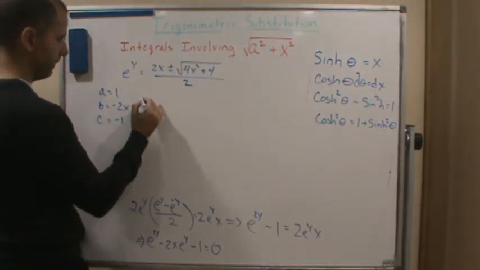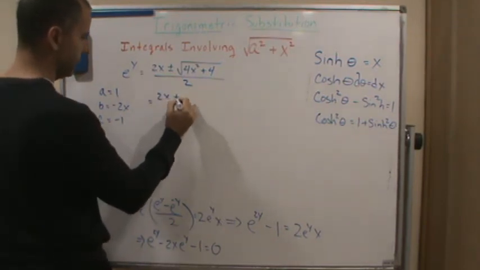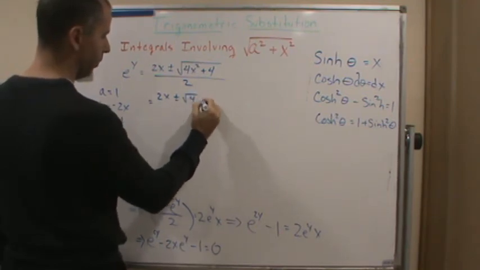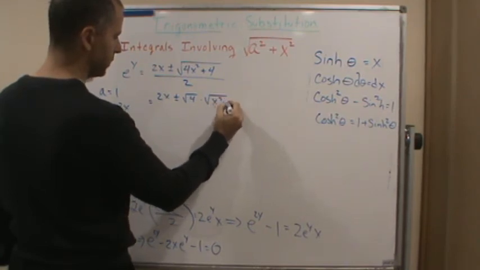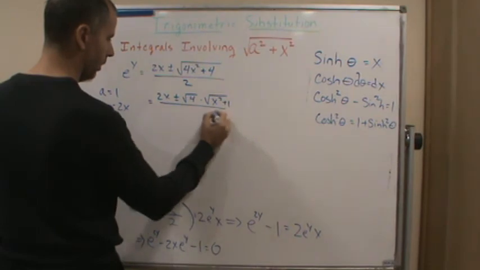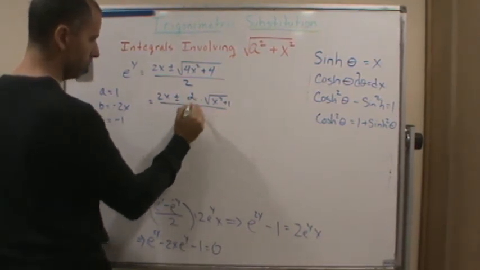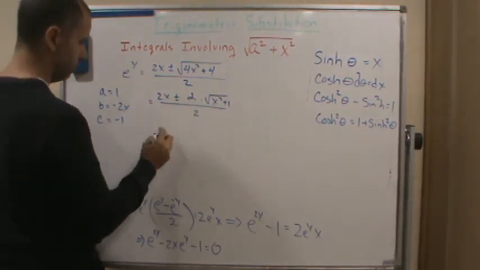And so if I simplify this, I get e to the y is equal to 2x plus or minus the square root of 4 times x squared plus 1, lo and behold, look at that, over 2. Well, the square root of 4 is 2. And so the 2's are going to cancel, right?